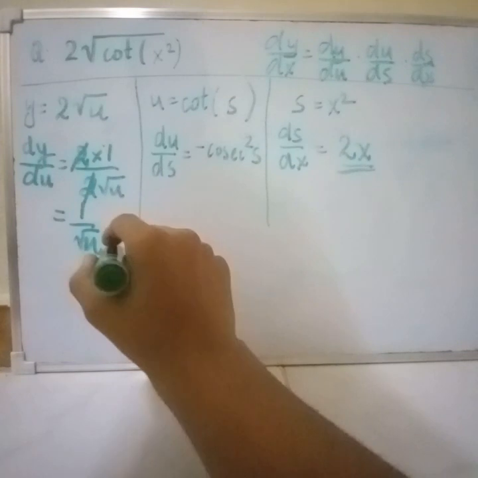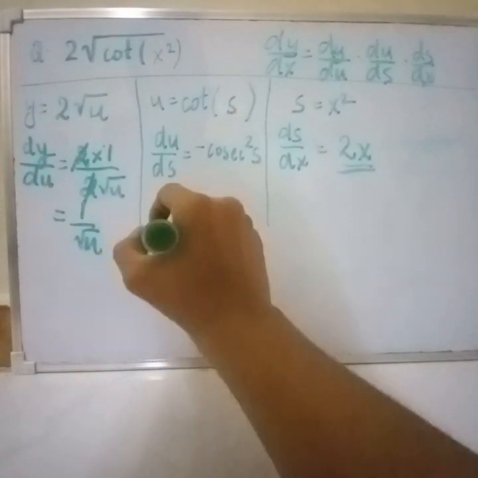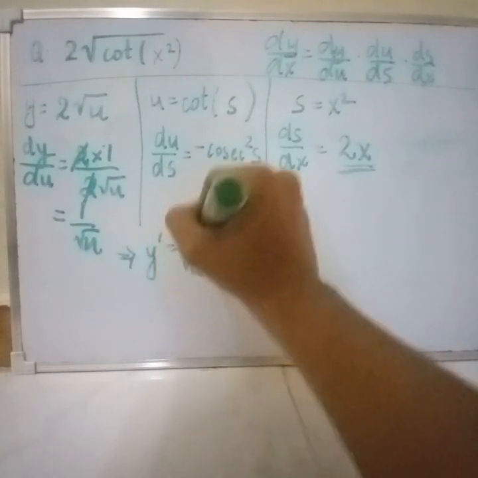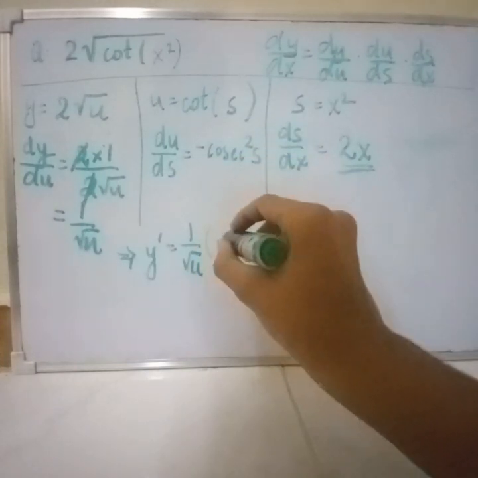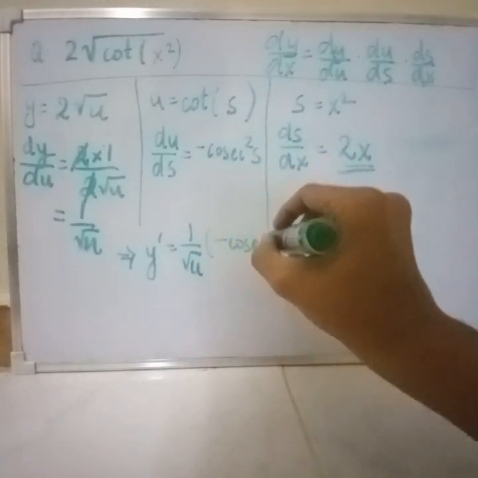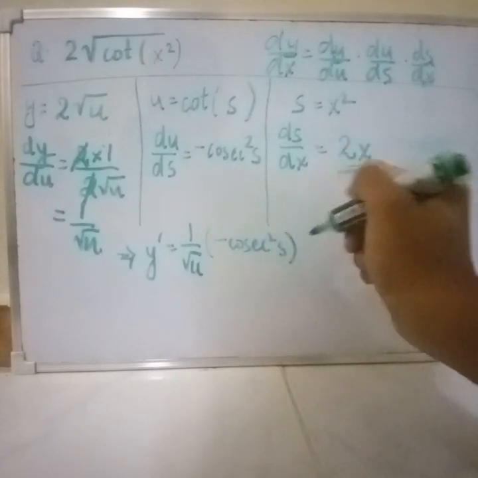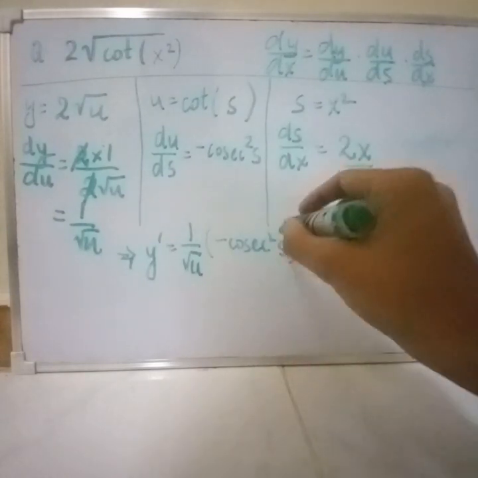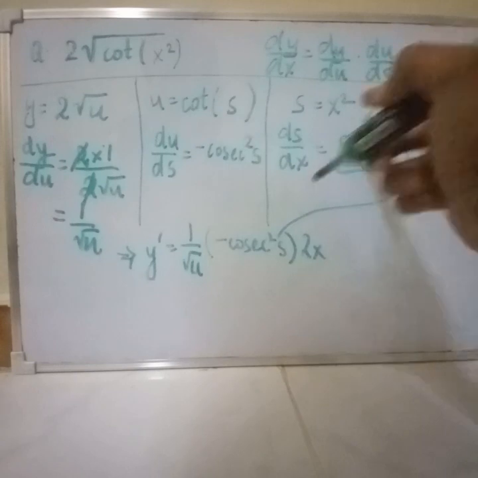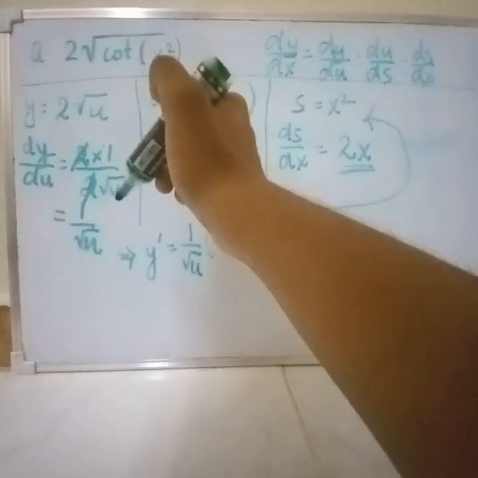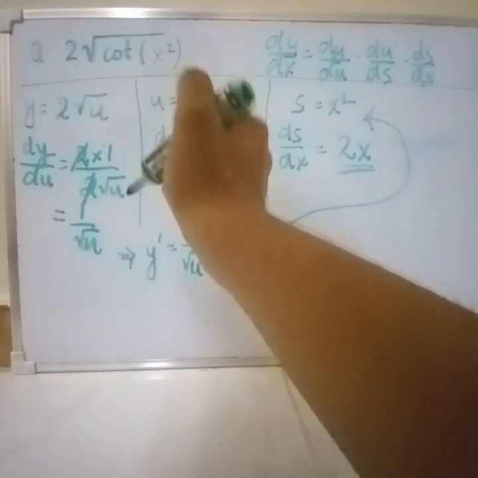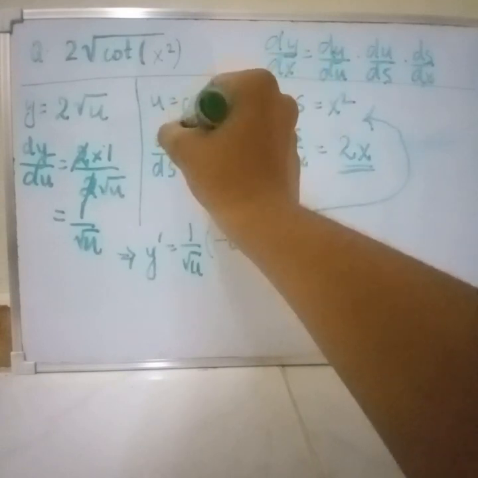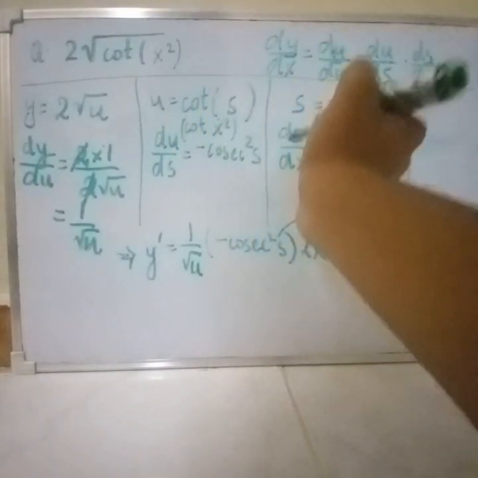So our derivative y dash will be equal to 1 by root u, multiplied with minus cosec squared s, multiplied with 2x. Now instead of s we can put x squared, and instead of u we write cot s, which will be cot x squared.